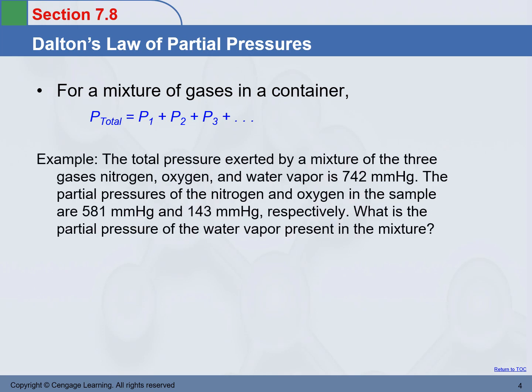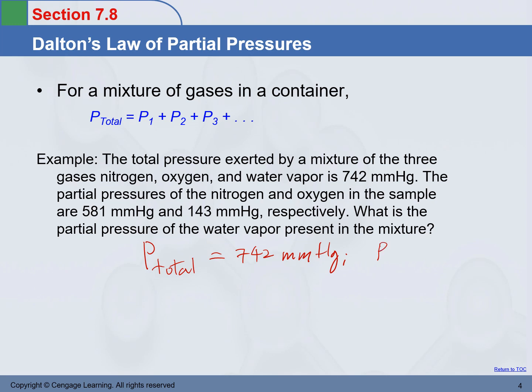The total pressure exerted by a mixture of 3 gases, nitrogen, oxygen, and water vapor, is 742 millimeters mercury. Okay, P total equals 742 millimeters mercury. The partial pressures of nitrogen and oxygen in the sample are 581 and 143, respectively.